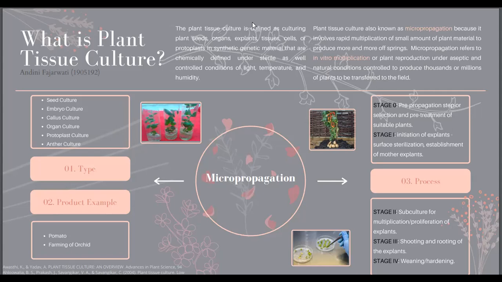So we have to choose the best of the plant, so we can produce the better plant, the better individual. I think that's my answer for Aisyah's question.